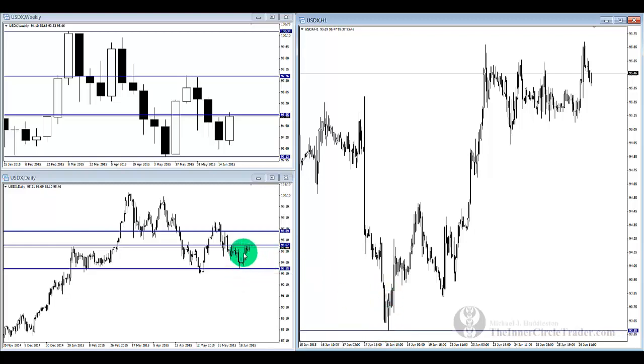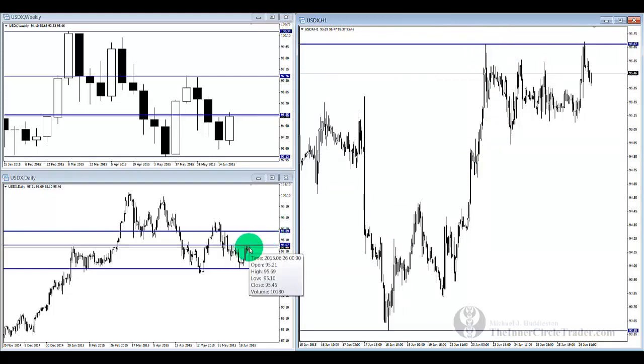The high on this candle comes in at 95.67, so we're going to put our level at 95.67 right there, and that's our high right there. And we just recently went through it, a tiny little pip or two above it, and the high is 95.69, seen here.